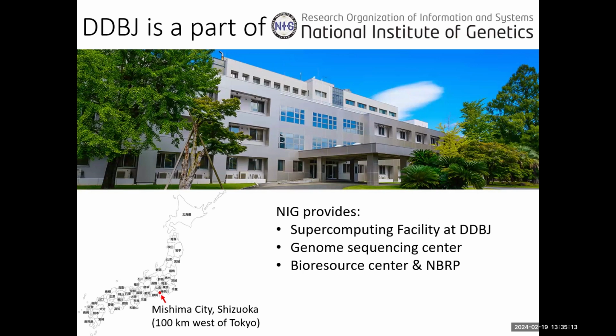At DDBJ, we provide not only databases, but we have a supercomputing facility to operate and maintain DDBJ, and also for researchers to use our computing facility. NIG also has a Genome Sequence Center and a Bioresource Center, or National BioResource Project called NBRP.